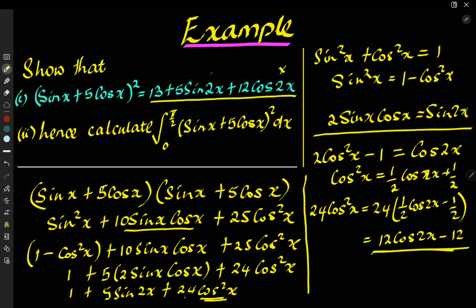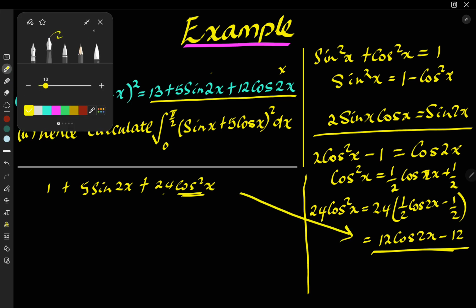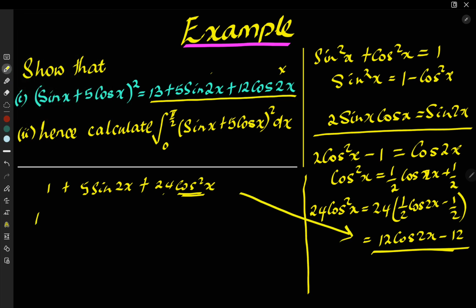Now we have this. So we substitute now this for the 24 cos squared x. Let me just create some space here. Now we can substitute 24 cos squared x with what we got here. So in this case, that will be 1 plus 5 sine 2x, then plus a 12 cos 2x minus a 12.